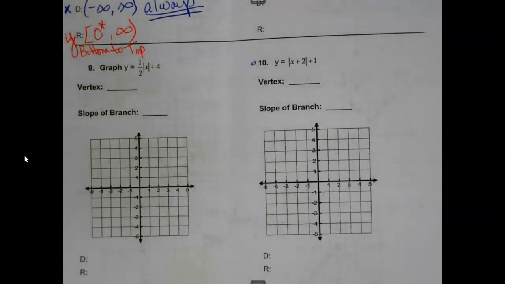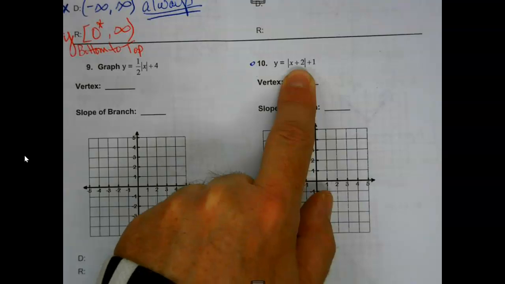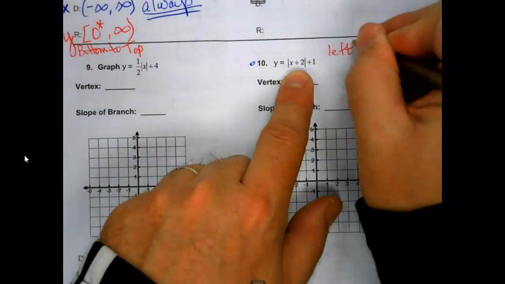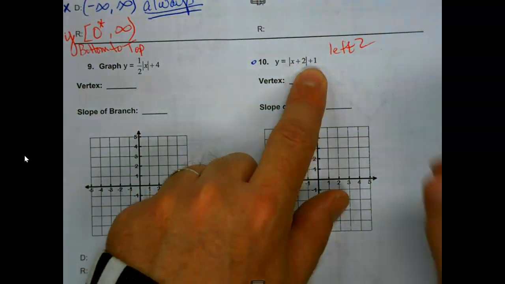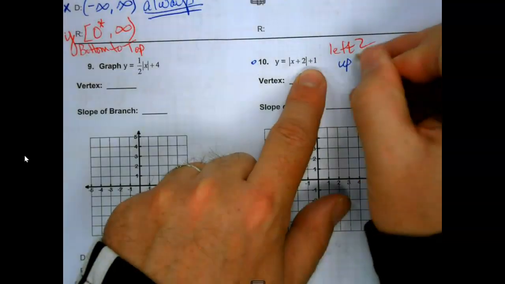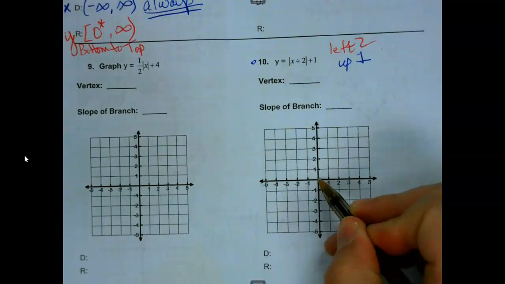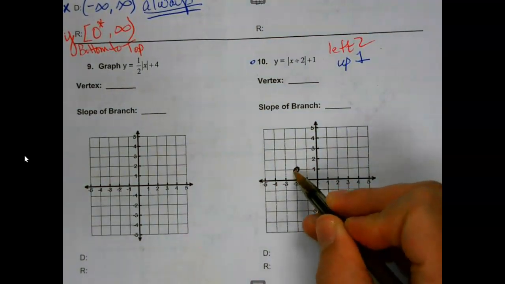Number 10. Ooh, multiple things. Okay. What direction are we going to? Left. What about the 1? That's up. Okay, so we start in the middle, at 0, 0. We go left 2. We go up 1.